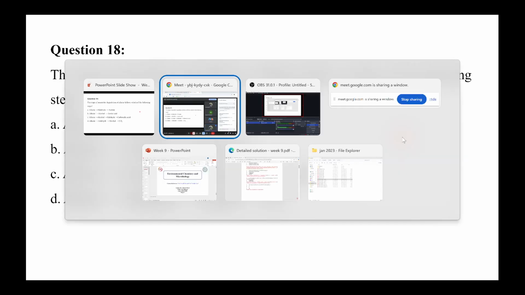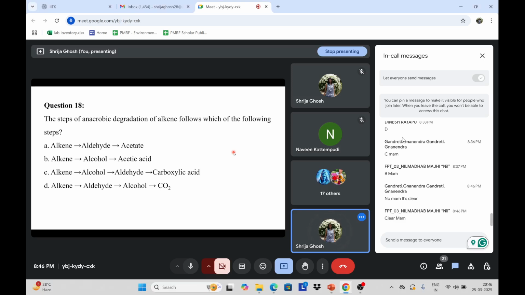Just showed you the pathway. So tell me what would be the correct answer. The degradation of alkenes, how will it go? Alkene to aldehyde to acetate, or alkene to alcohol to acetic acid, or alkene to alcohol to aldehyde to carboxylic acid, or alkene to aldehyde to alcohol to carbon dioxide.